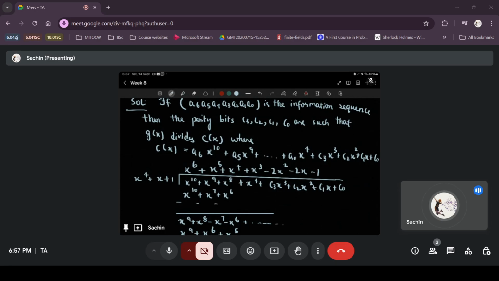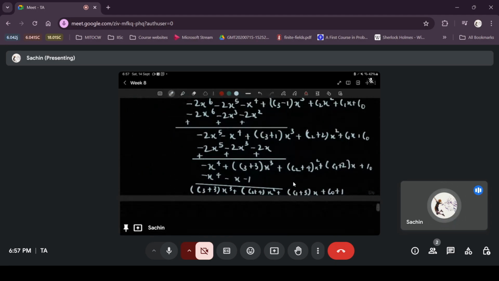Okay, that's what you have. That's the remainder: (C3 plus 3)x^3 plus (C2 plus 4)x^2 plus (C1 plus 3)x plus (C0 plus 1). But we are operating in mod 2, so it doesn't make sense to add 3 to a bit.